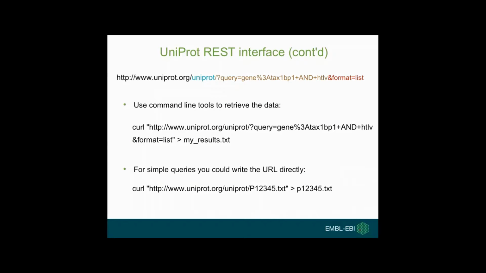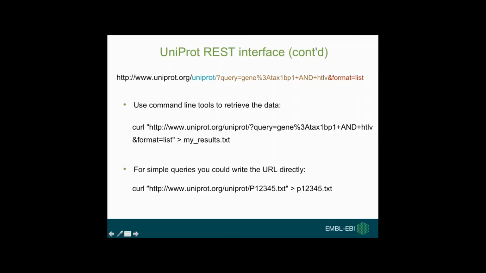Now, with this, you're already set to go to actually use programmatic access to the UniProt knowledge base. If you're on a Unix-like system, you probably have tools like curl available, which is just a command line tool that accepts a URL like the one we've just looked at, downloads the results hiding behind this URL, in this case saves it in a file called my_results.txt.